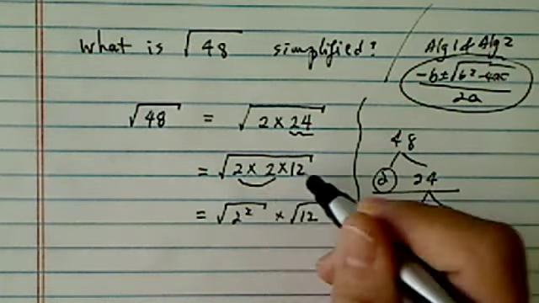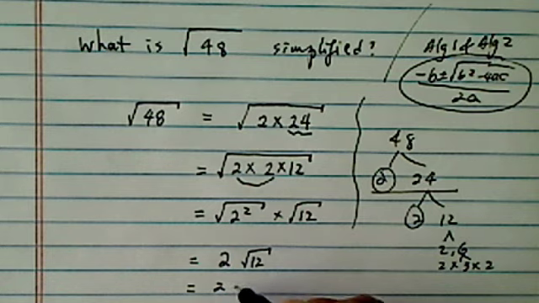Now 12, as nice as it is, is 2 times 6, 2 times 3 times 2 again, so 2 times 2 times 3.